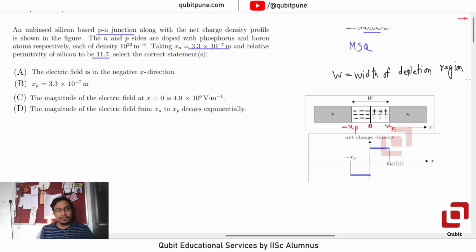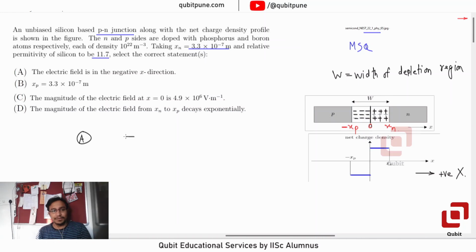They are saying in option A, the electric field is in the negative x direction. Now this is positive x. What is the direction of the electric field? These are the positively charged ions. This is an electrostatic situation: positively charged ions on the n side, negatively charged ions on the p side.